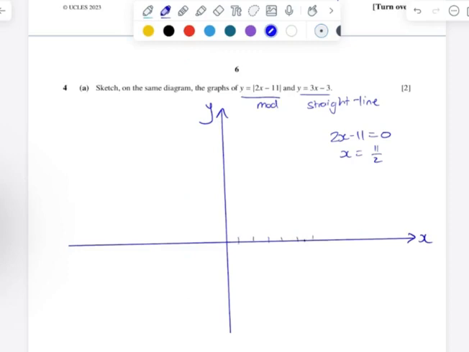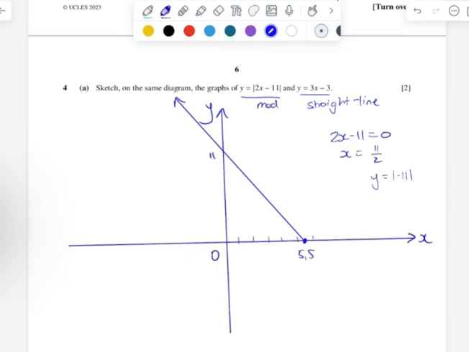So it's somewhere 5.5. So that's my new x-axis. Okay, and then the other thing that I like to do is I like to make x equal to 0. And that's going to give us where it's going to cross the y-axis, which if you take the mod of -11, it's just going to give us 11. Okay.